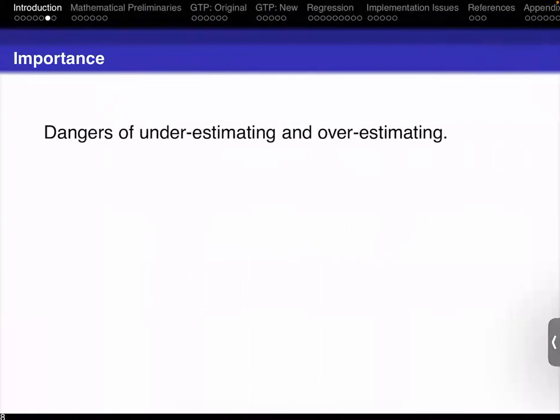Now, before we go into that formula, I'll just quickly say for explicitness, there are dangers of overestimating or underestimating. For certain problems, one is more dangerous than the other. If you're in an elevator, which is worse, overestimating capacity or underestimating capacity? Okay, so yeah, it's much worse to underestimate capacity.